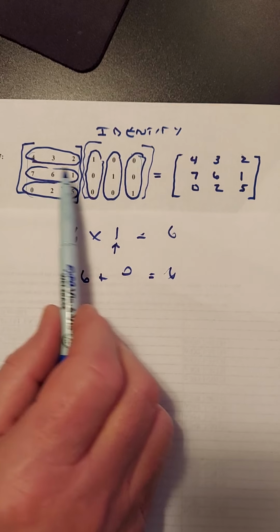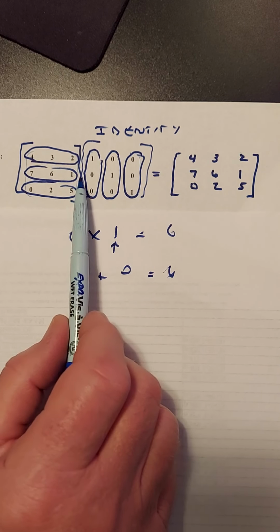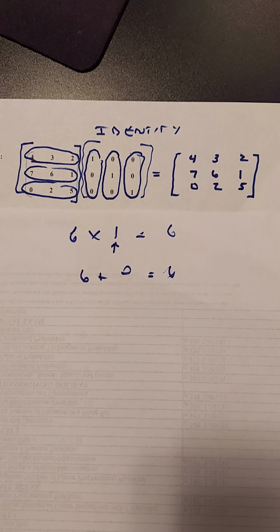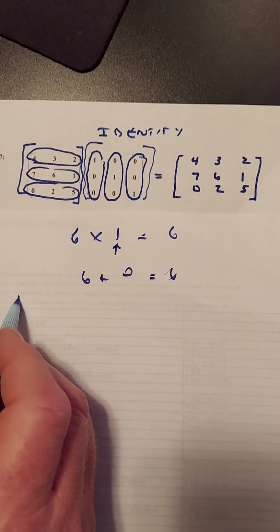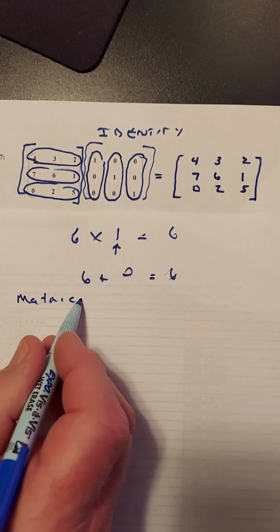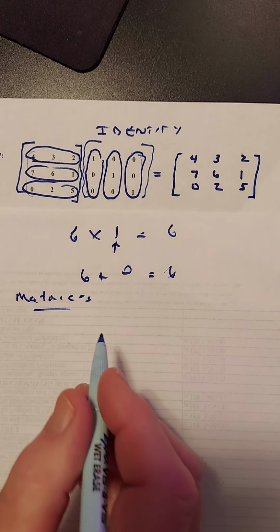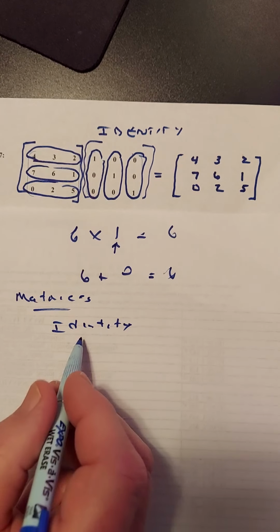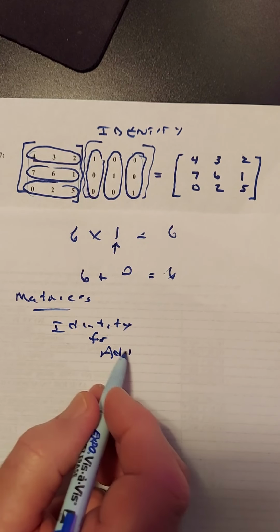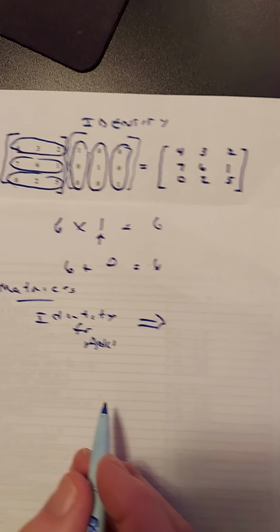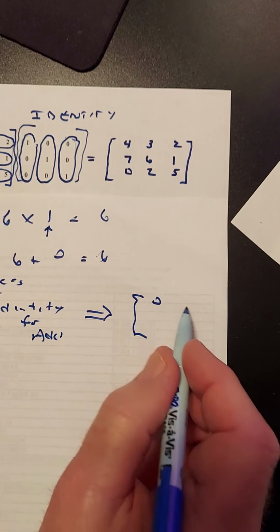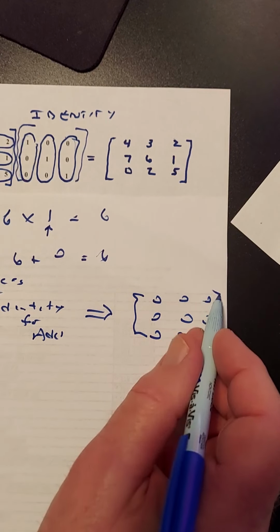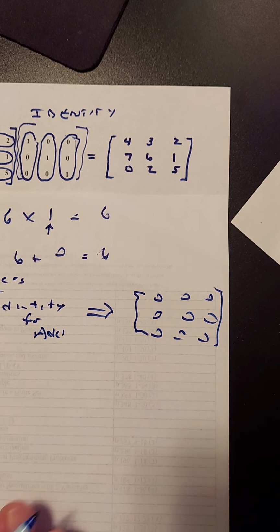If I was adding these two matrices, then the identity for addition would be all zeros.